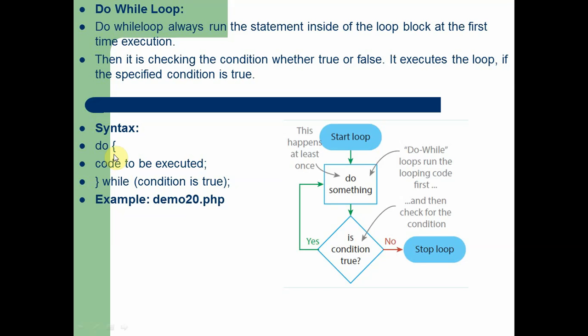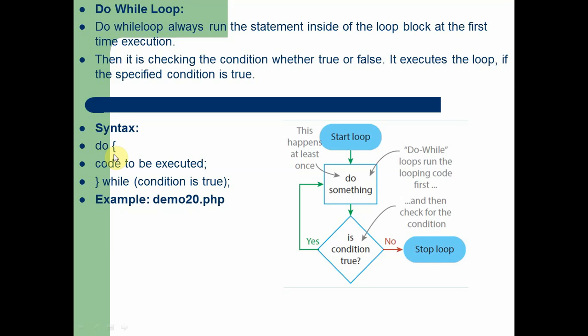But in the for loop, foreach loop and while loop, the loop statement will execute only when the condition is checked, and if the condition is true, then only the iteration statement will execute in the above discussed loop statements.